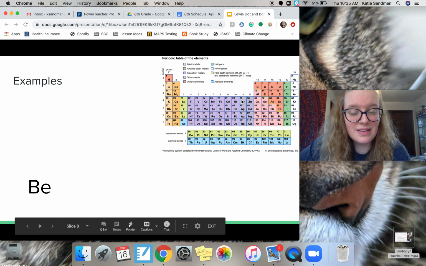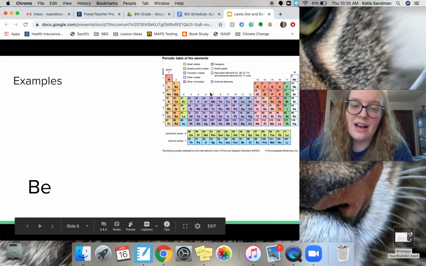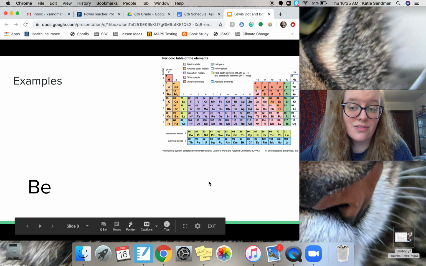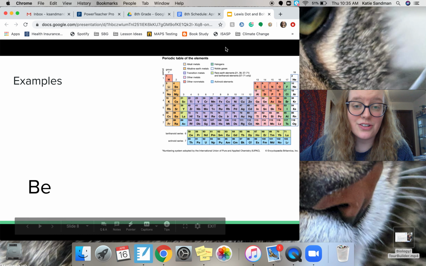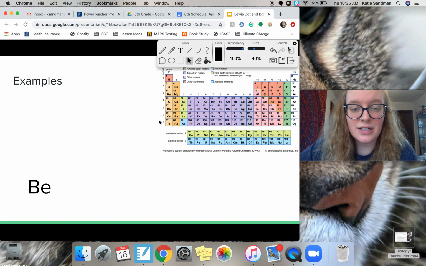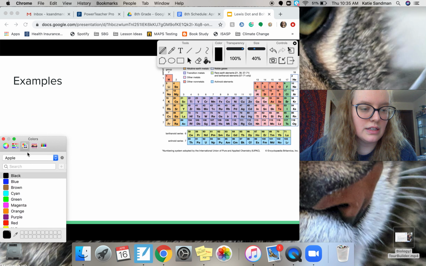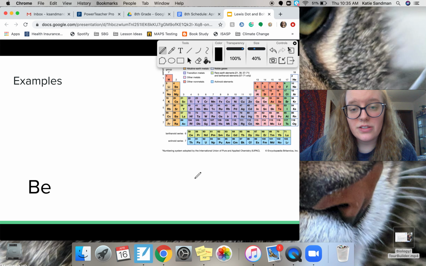So beryllium is Be, so on our periodic table, Be is in group 2, so that means it's going to have 2 valence electrons. So here's my drawing tool. I'm going to make it a bit bigger, so that way I have electron size, and I'm going to draw the electrons blue. Okay, so beryllium has 2.